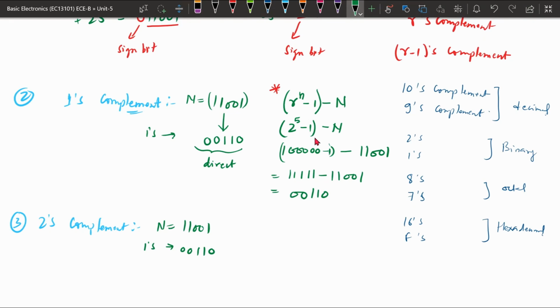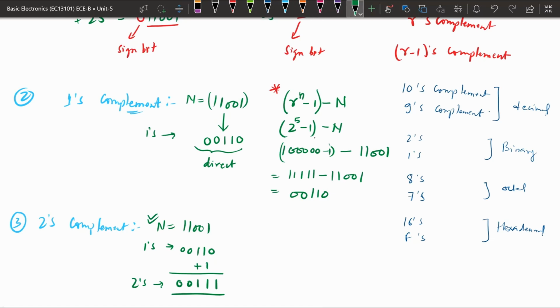Whatever 1's complement has been calculated, add 1 to it, and the result will be your 2's complement. So adding 1 gives 0 1 1 0 1. So this will be the 2's complement of the given number. For 2's complement, first we calculate the 1's complement, and then we add 1 to it, and that gives us the 2's complement.